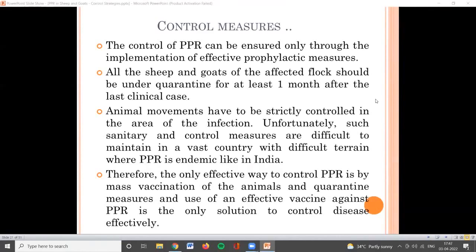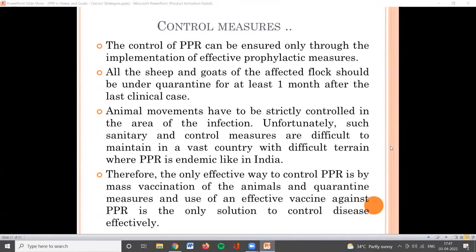This means we must give a washing period of 21 to 28 days for the PPR virus. Within this time, if they get in touch with another healthy flock, they will definitely spread the virus. So we must avoid this and keep the affected flock in quarantine for 1 month.